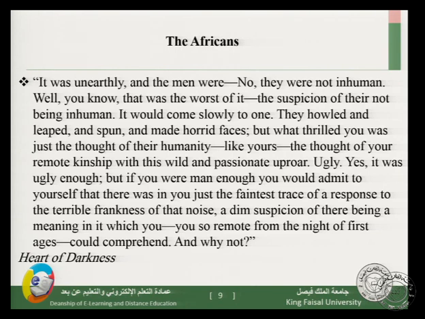But they howled and leaped and spun and made horrid faces, but what thrilled you was just the thought of their humanity, like yours, the thought of your remote kinship with this wild and passionate uproar. Ugly, he says.